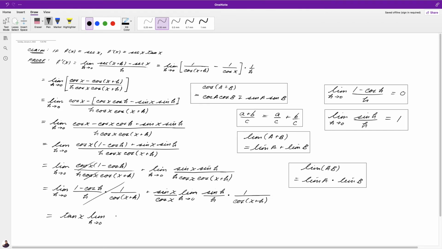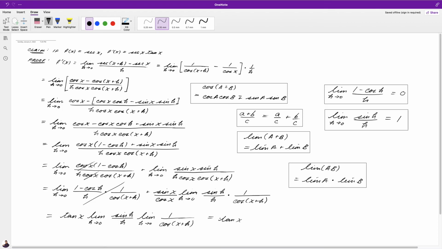So we can write it as tan x times the limit, just being very thorough here, as h goes to 0 of sine h over h times the limit as h trends to 0 of 1 over cosine of x plus h. Well, this is tan x.